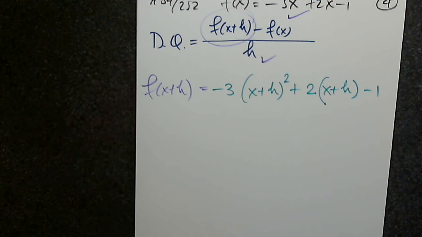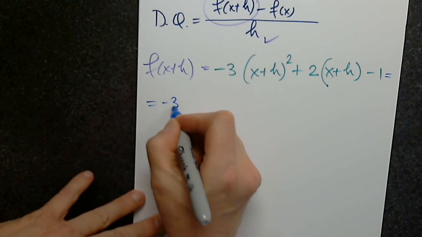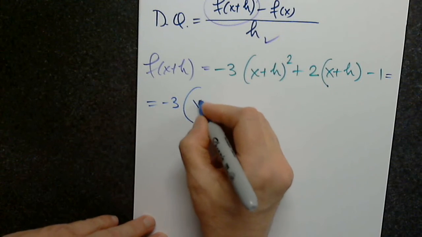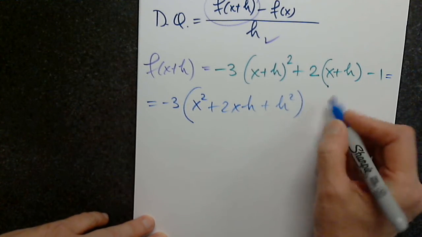Good. What do I need to do next? Yes. So I have to copy -3, and then I square. Very good. Awesome.